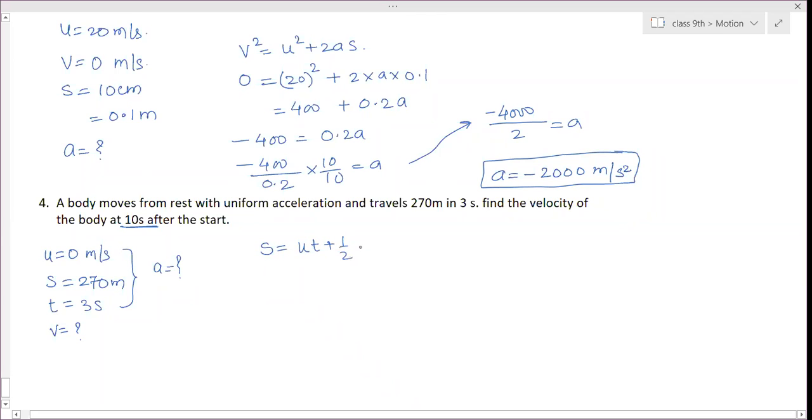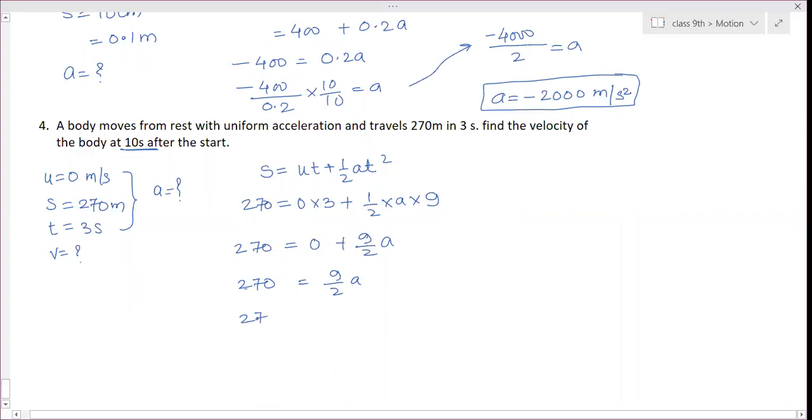S is equal to ut plus half AT square. 0 into 3 plus S is already given, 270, plus half into A into T square, that is 3 square is 9. 0 plus 9 by 2 A is equal to 270. 2 goes as multiplication. 270 into 2 divided by 9 is equal to A. So 9 3s are 27, so 60 meter per second square is the acceleration.